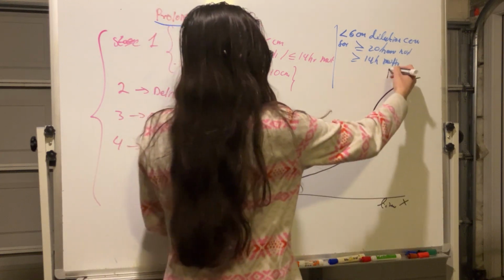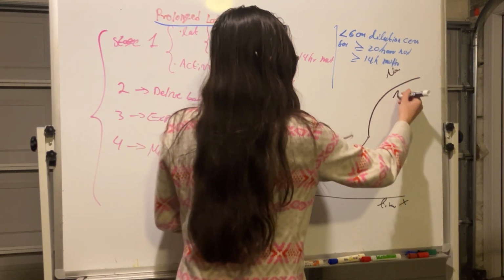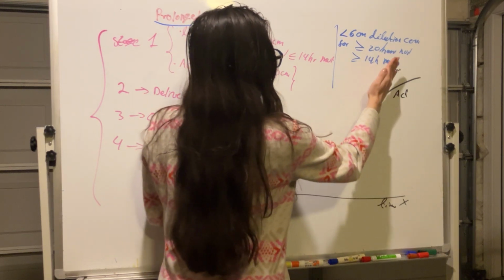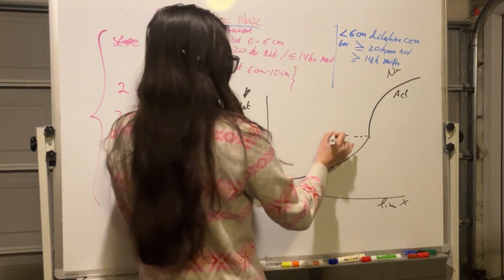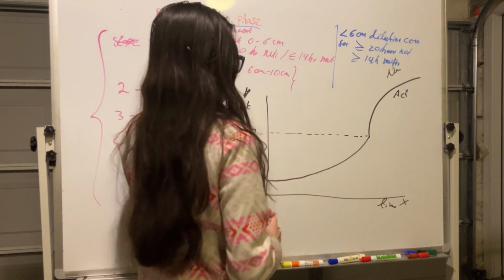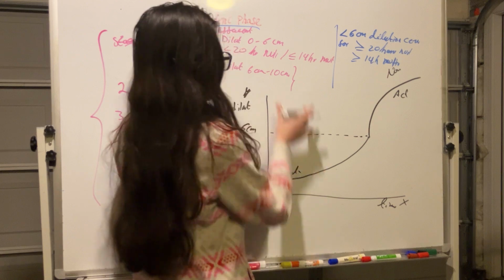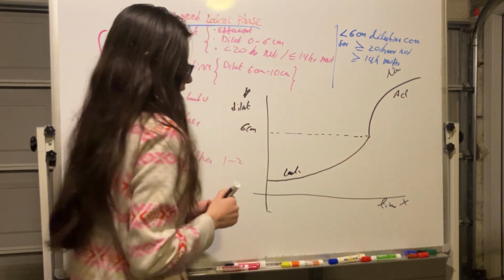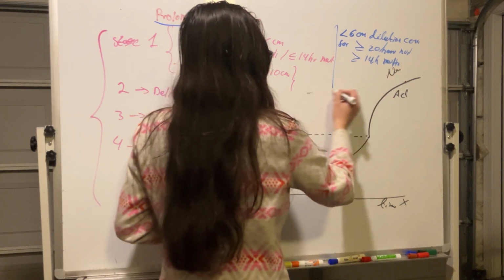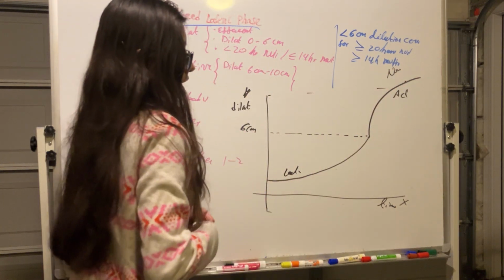This is normal. This is the active phase, when we have an increase in the rate of dilation, and this point is when we have 6 centimeters dilated. So remember, this is the transition from the latent phase to the active phase. Here the completion of the active phase is when we have 10 centimeters dilated.